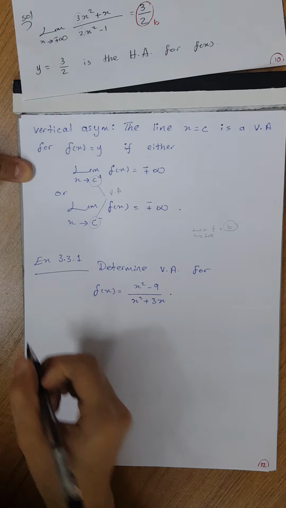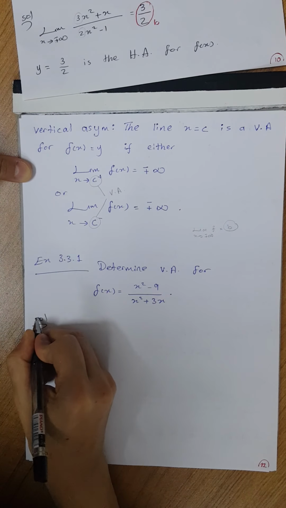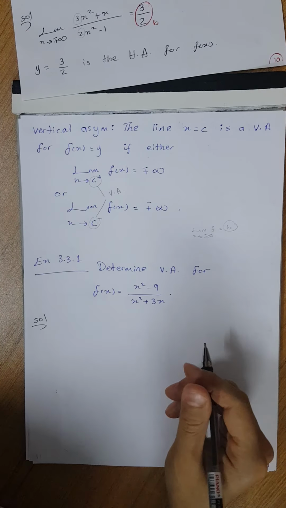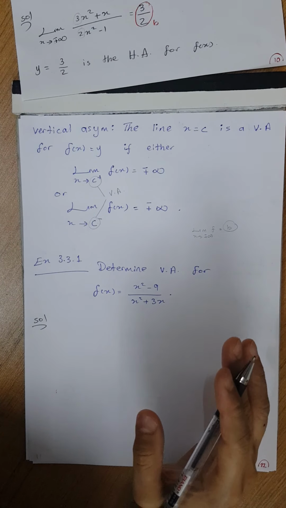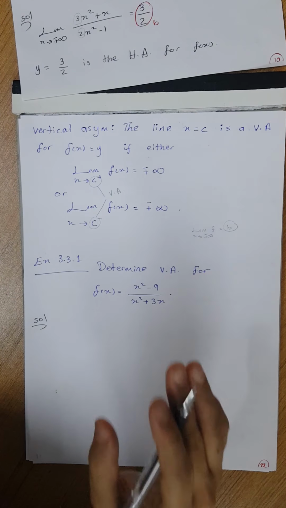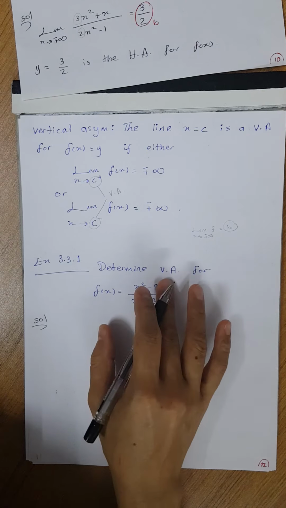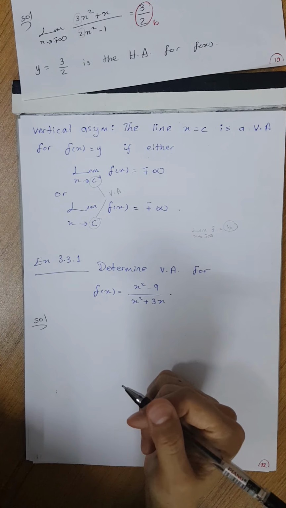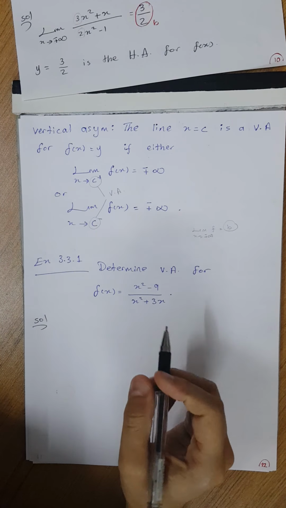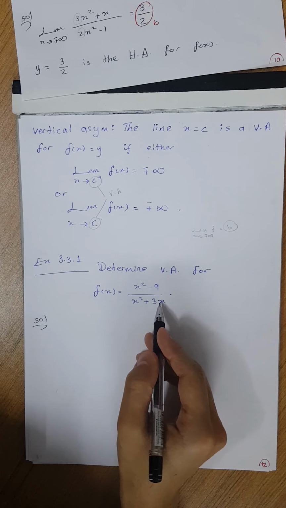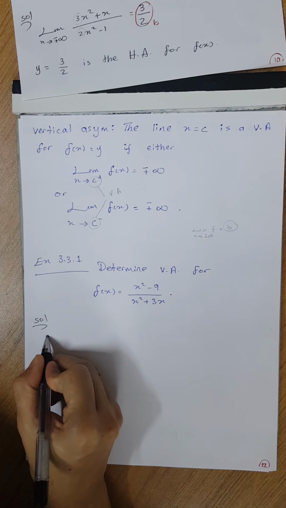Let's do the solution. In horizontal asymptotes, we were directly starting with the solution, finding the limit of the function, okay? But in vertical asymptotes, we have to first find those numbers that make the denominator equal to 0. Okay, let me write it for you.